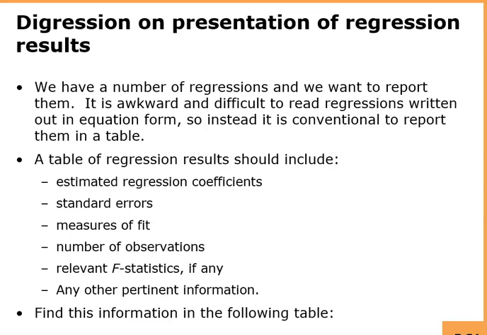So a table of regression is the way to go about it, and the table of regression should actually summarize the estimated coefficients, the standard errors, the measures of fit, the number of observations, and the relevant F-statistics if they need to be reported. So a good table of regression summarizes all of these key factors very nicely and very clearly to the reader.